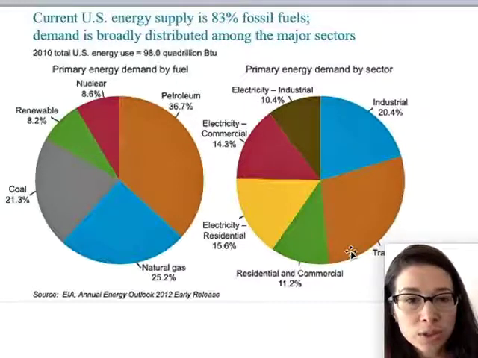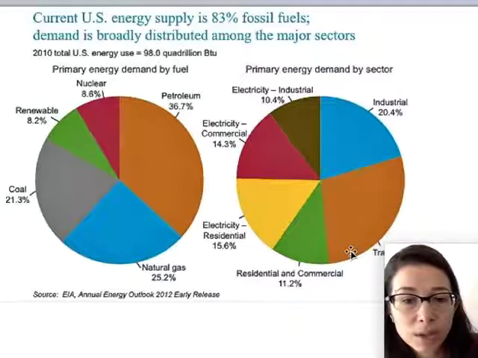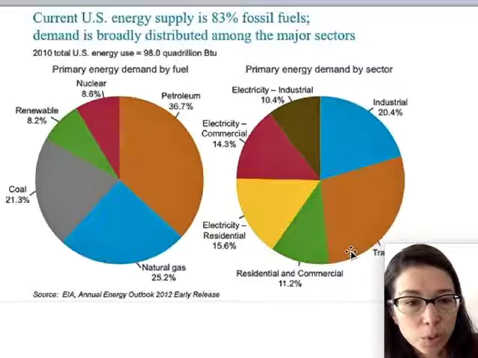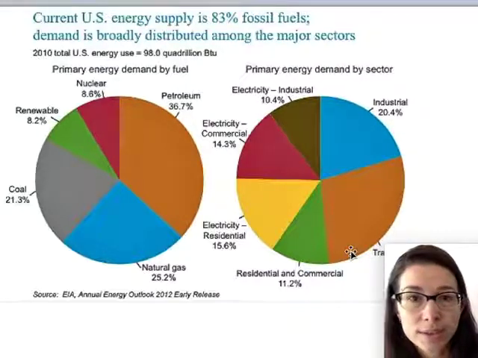Industrial electricity use is 10%, just industrial use of energy is 20%. Residential electricity use is about 15%, so that's the electricity that you use in your home. And this is all United States numbers, by the way, so this is 2012 measurements of United States consumption.